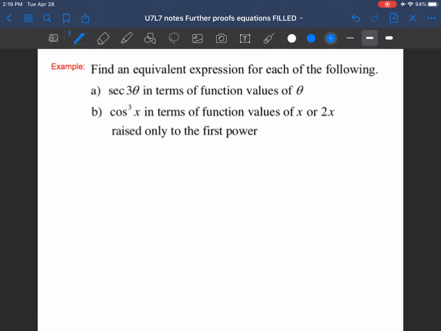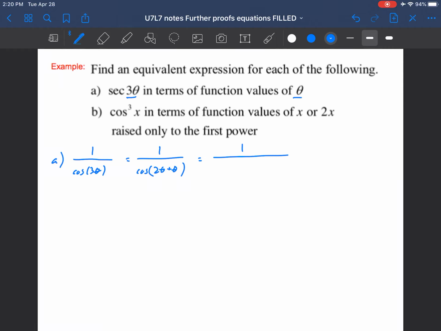Find an equivalent expression for each of the following. Secant 3 theta in terms of function values of theta. So basically we want to go from 3 theta to theta. In order to do that, I'm going to write this as, well, secant is the same as 1 over cosine. So that's the same thing as 1 over cos of 2 theta plus theta.